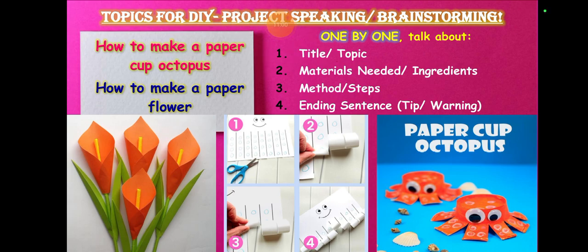Okay, for now, let's start the paragraph. First of all, take a white paper sheet. You can say first of all, take an A4 size sheet and cut it into a flower shape.